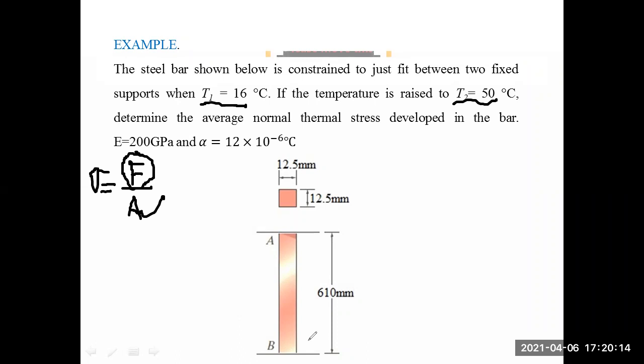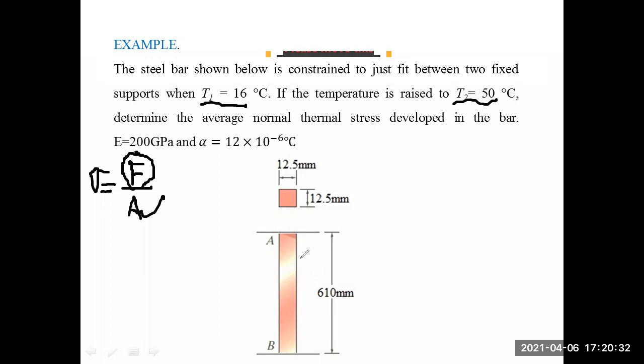Would we have any normal stress if there was no change in temperature? That is a question for you to answer. Would we have any normal force or normal stress within the element if there was no change in temperature?